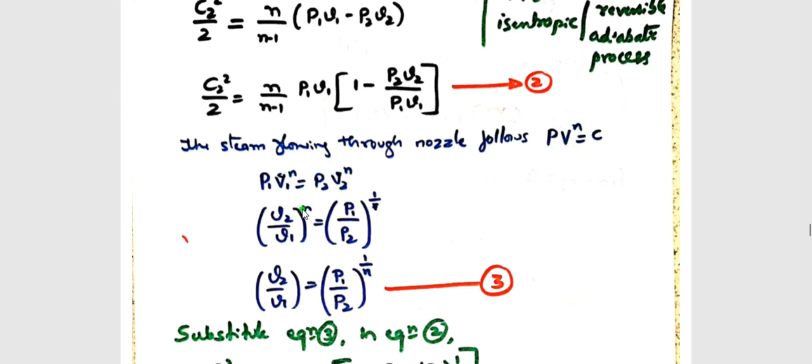Now I will do some little bit of mathematical manipulation. Here the V2 and V1 ratio I will take as V2 by V1 to the power of n, and P2 will go to the left hand side, P1 by P2. Now you eliminate this n by multiplying 1 by n on both sides.